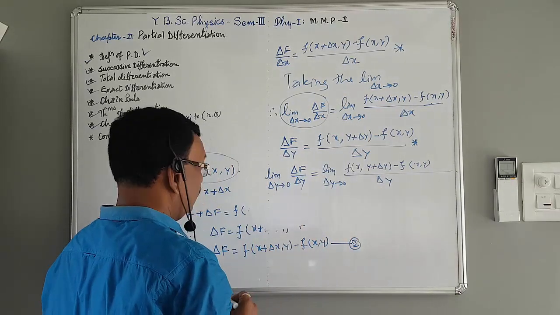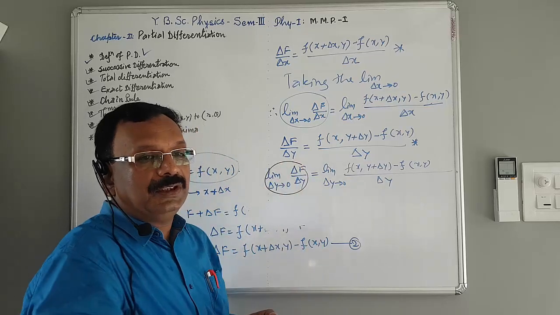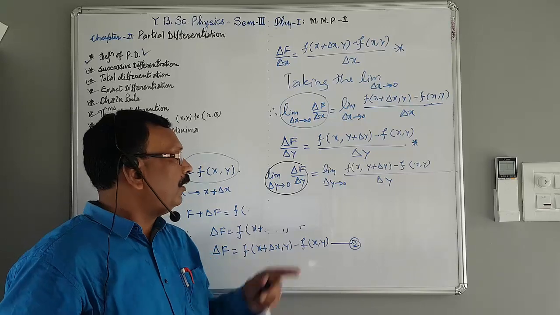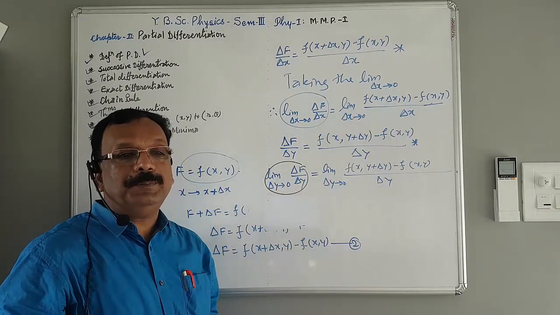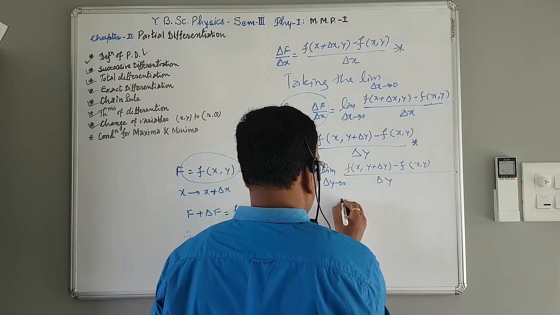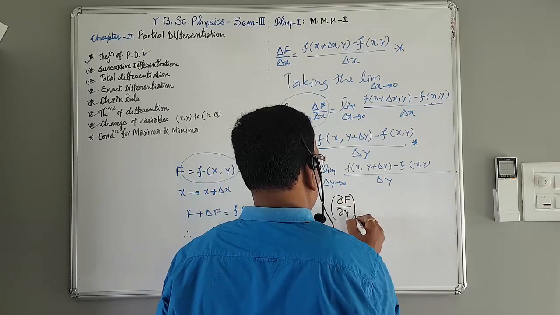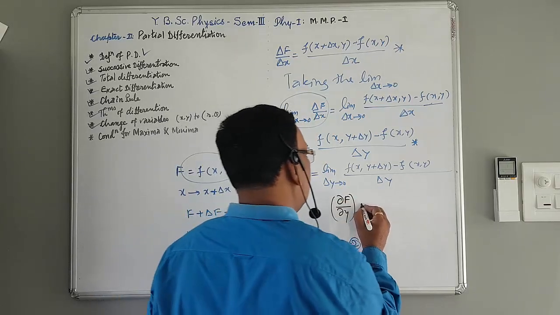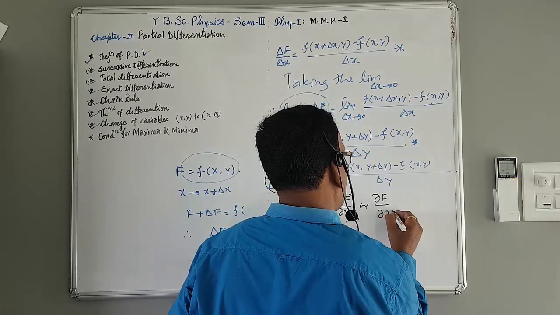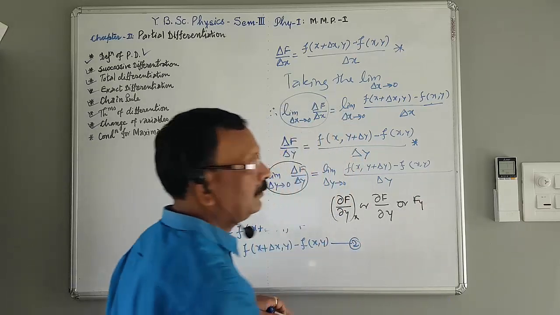Again, this quantity gives the partial derivative of function f with respect to y keeping x constant. Again, this is denoted as curly d f by curly d y keeping x constant, or simply del f by del y or f y.